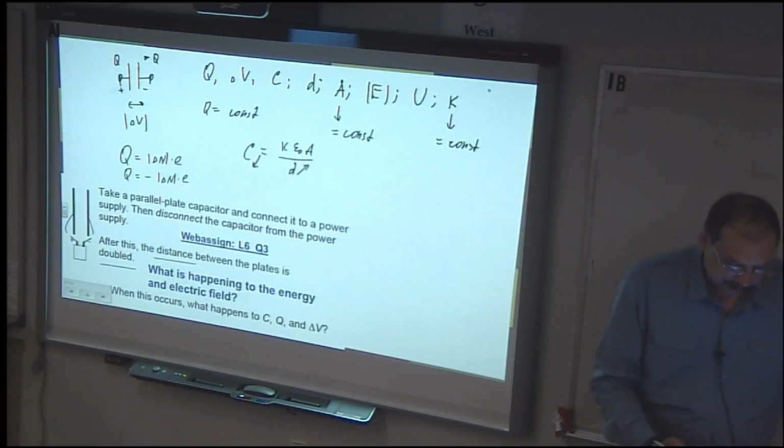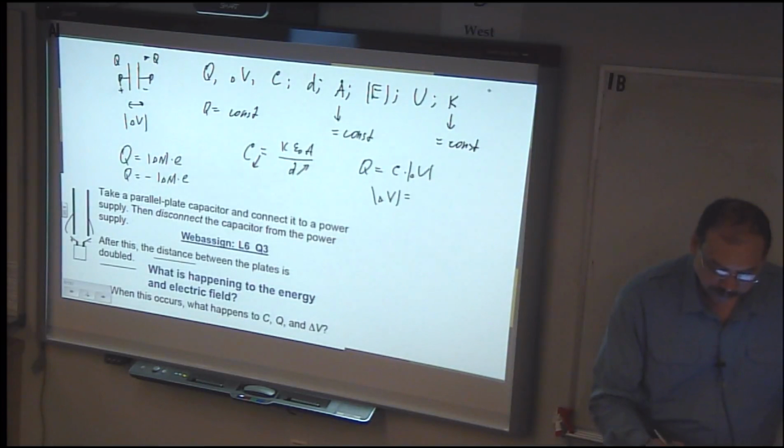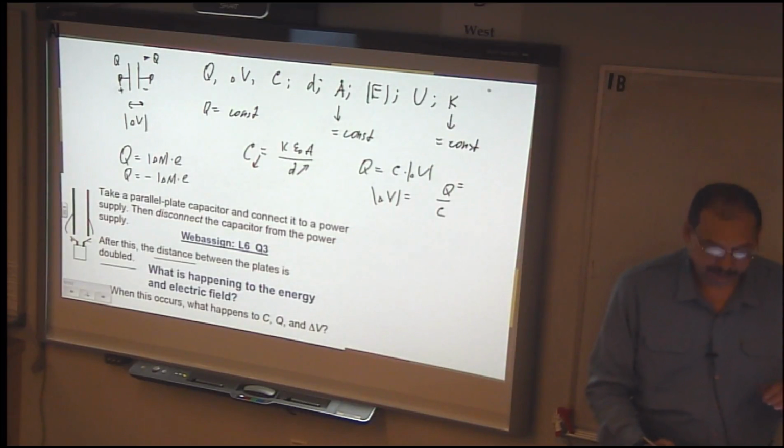Now, Q is equal to C times delta V, but we need to use it to say something about delta V. The numerator remains constant, but the capacitance decreases, delta V increases.